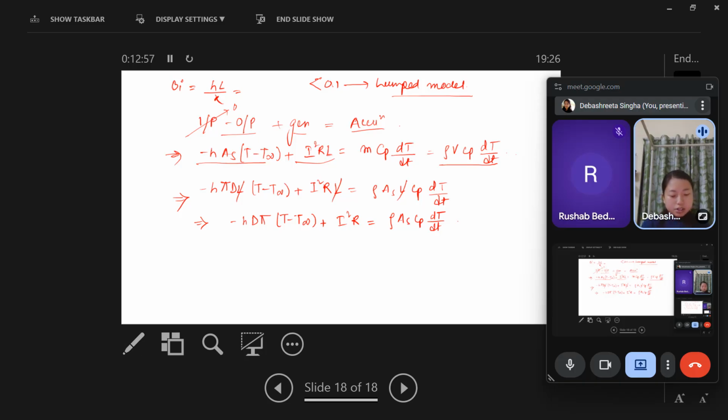Okay, but this integration is not that straightforward. You just need to check how the integration can be done, because for this temperature, if you take this below, then even in this term again the temperature term will come. Again this dt if you multiply here, then here also dt will come.